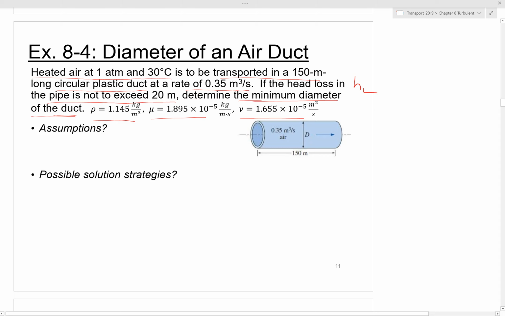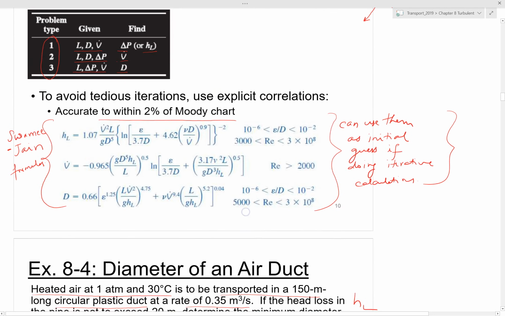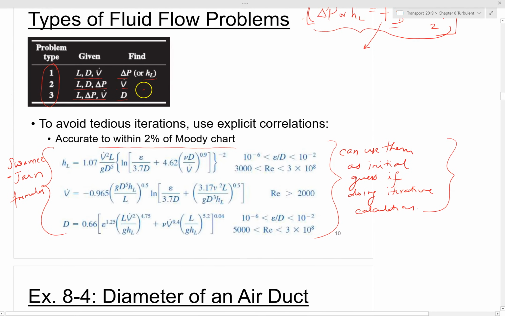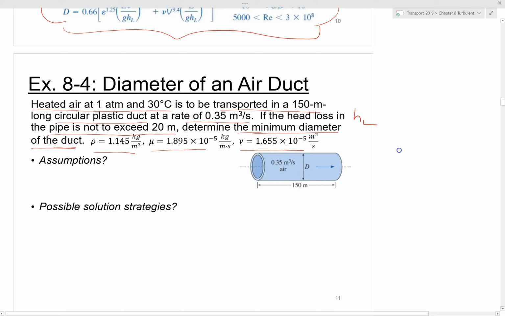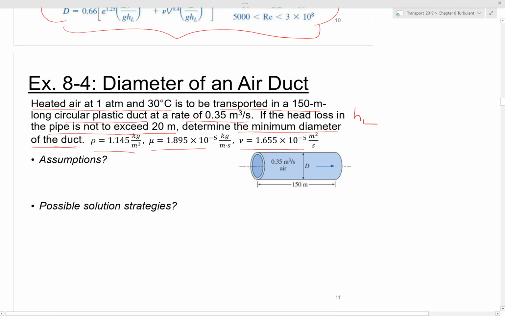So how do we go about solving for D? Look, this is the third type of problem, right? So here you can use this expression. So let's start with the assumptions.